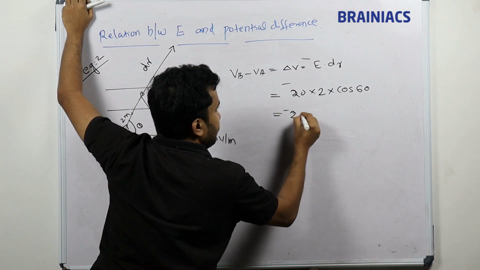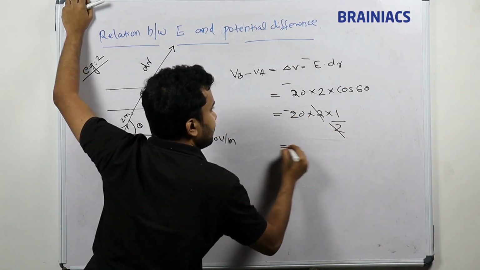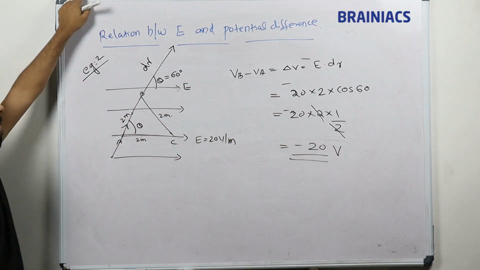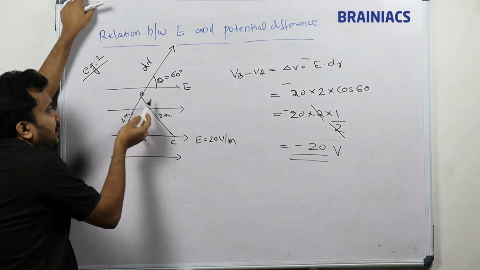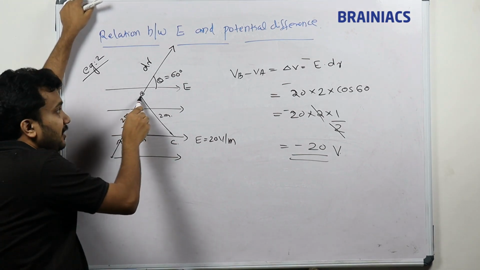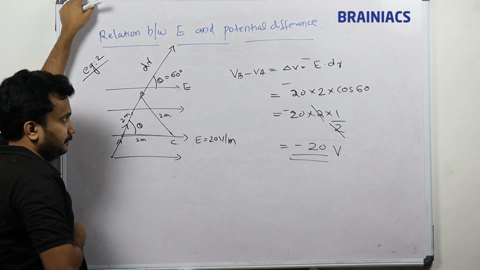So minus 20 into 2 into cos 60, which is 1 by 2. The 2 gets cancelled. The value is minus 20 volt. So the potential difference between A and B, VB minus VA, equals minus 20 volt.